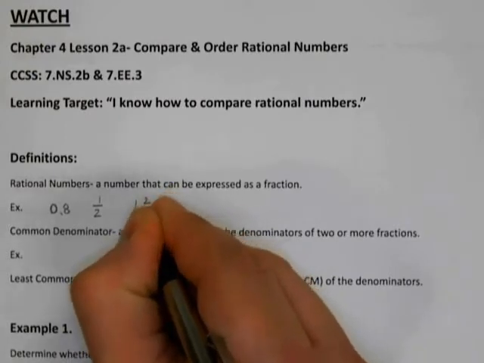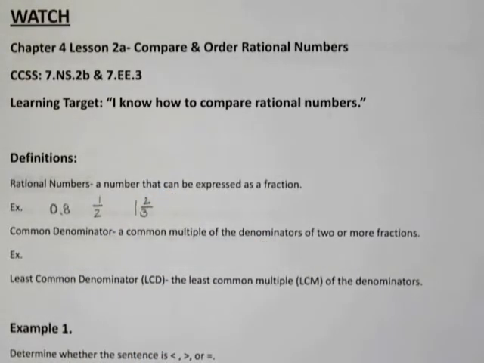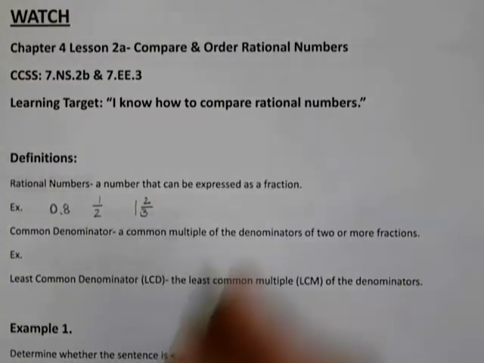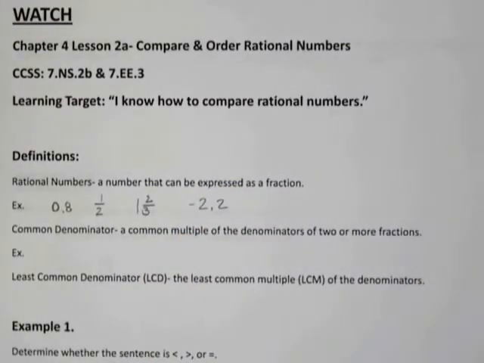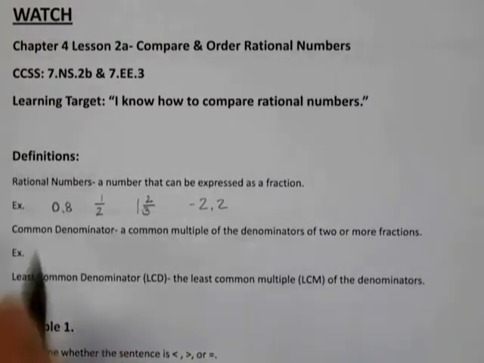All of those are numbers that can be written as a fraction. So even negative 2.2 can be written as a fraction. All of these are examples of different rational numbers, and you can put whichever ones you want on there for your examples.